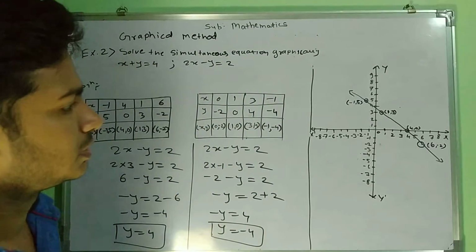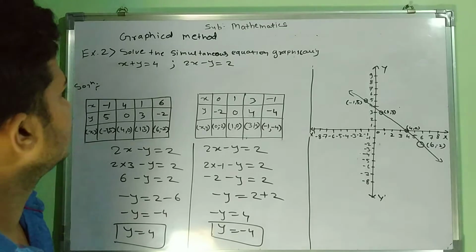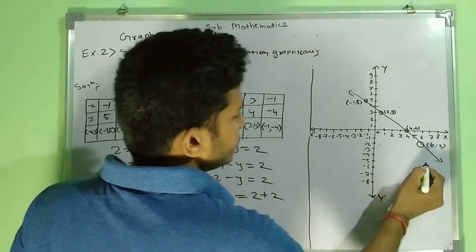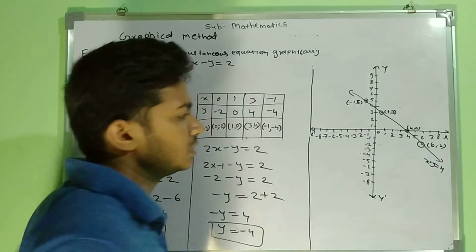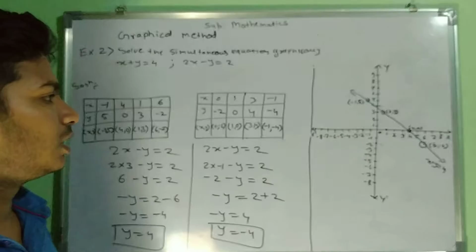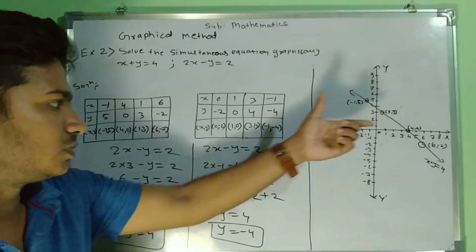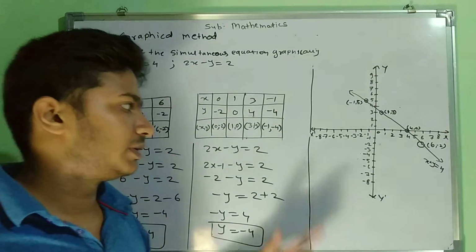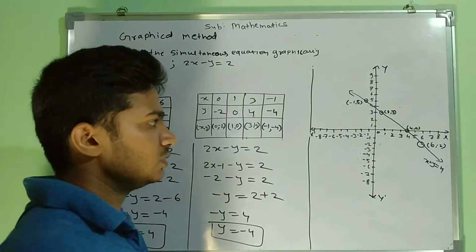Suppose this is a line going through all the 4 points, and the equation of that line will be x plus y equals 4. That is a line. Now we will represent another 4 order pairs on the same graph paper, so that we will be able to find where they are intersecting. That will be the solution.